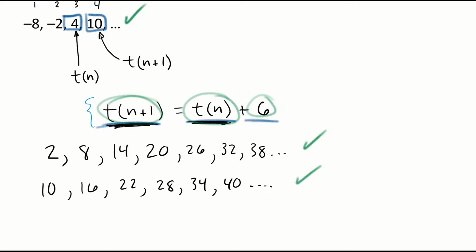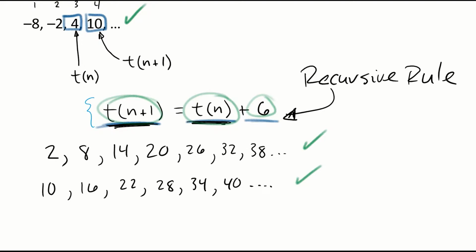And if we're trying to describe sequences mathematically, we need a little bit more information so that we all know exactly what sequence we're talking about. To fix this, what we do is we include not only this thing that I'm going to call the recursive rule, but we also need to include a starting point.